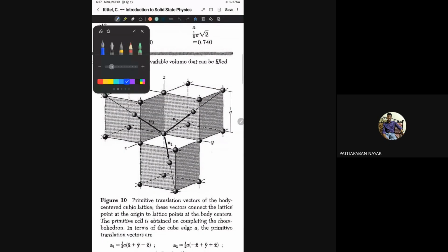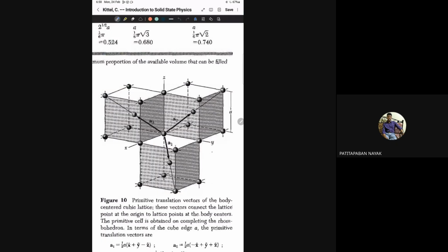Here it has taken four body-centered cubic, BCC, unit cells.